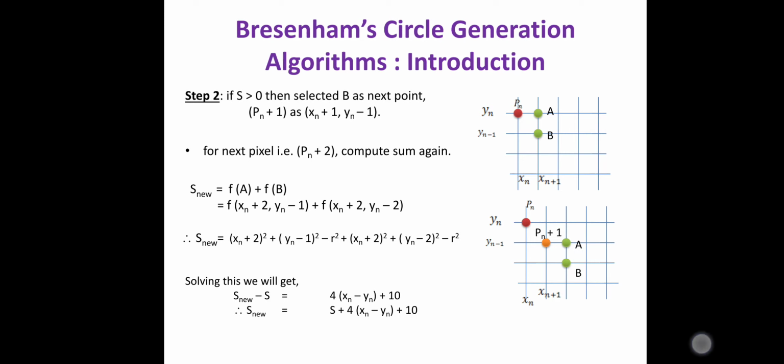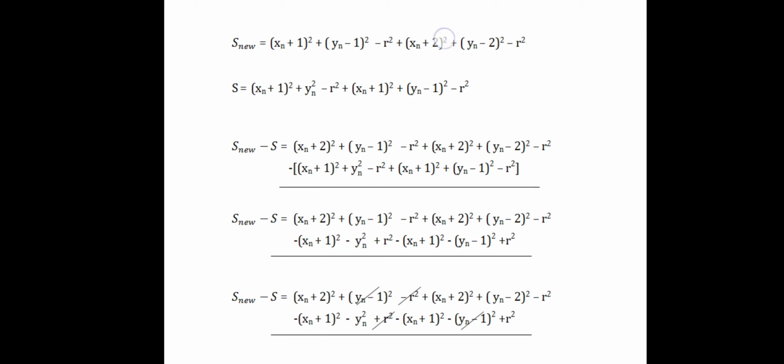How? You can see here that this is the S nu from the previous slide, and this is the S from the previous slide. Then I have to subtract that S from S nu. So this is the S nu equation minus, in bracket, the whole S value. Then this minus becomes minus, then plus, minus, minus, plus, minus, minus, plus, minus, minus, minus, minus, plus.